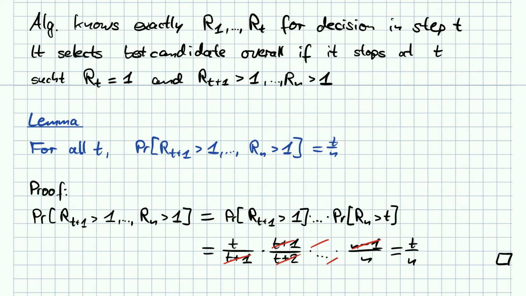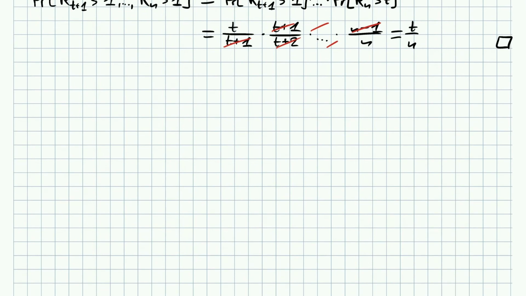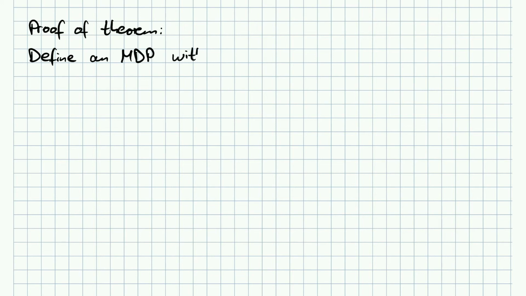Cool. So we now know these relative ranks, and based on these relative ranks, we will now define our Markov decision process, which we will use to prove the theorem. So we define a Markov decision process with the following states.